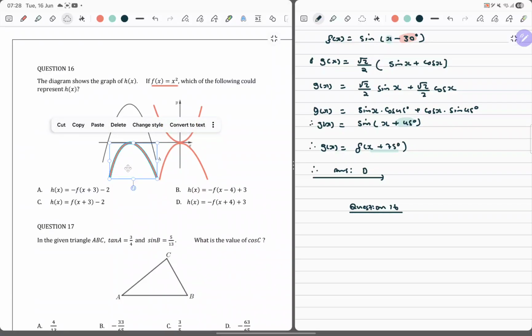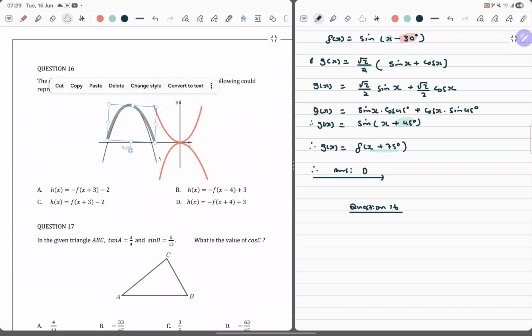And then of course we then have to move it up. So essentially we did a vertical reflection, a horizontal shift to the left and a vertical shift upward.